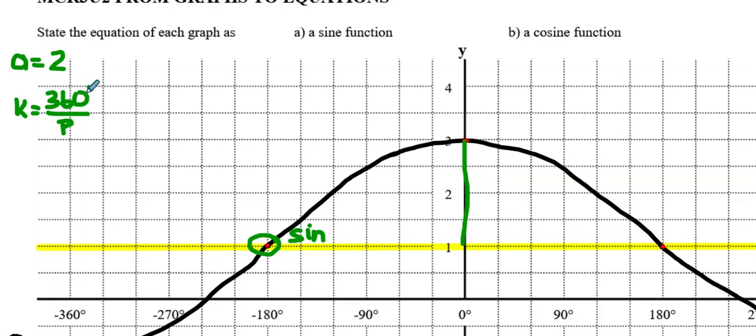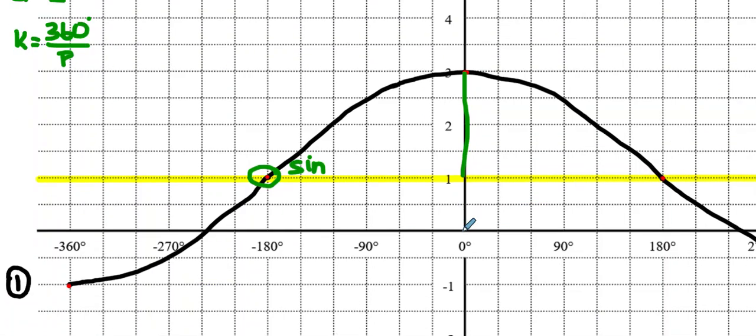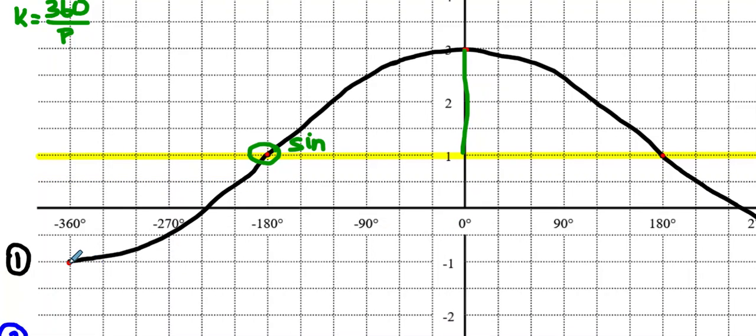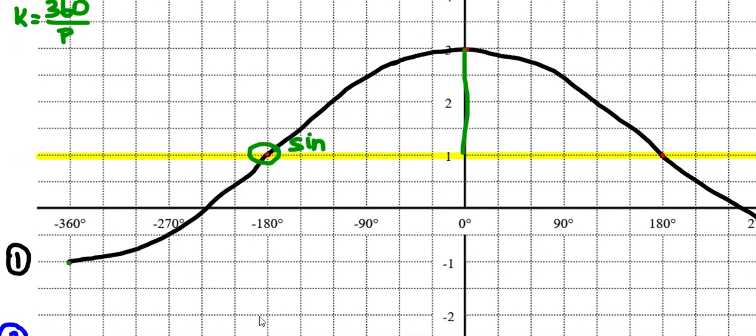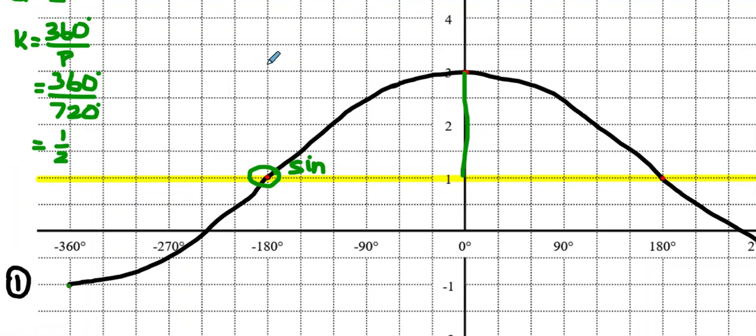But to find k, you would take 360 and divide it by the period length. So let's look at the period. It actually starts at negative 360 and ends at positive 360. So hopefully you can figure that out to be 720 degrees. So your k value then is a half.